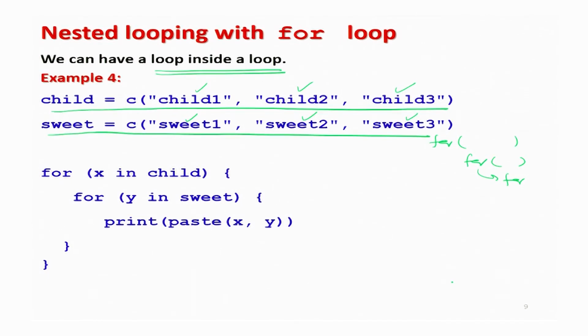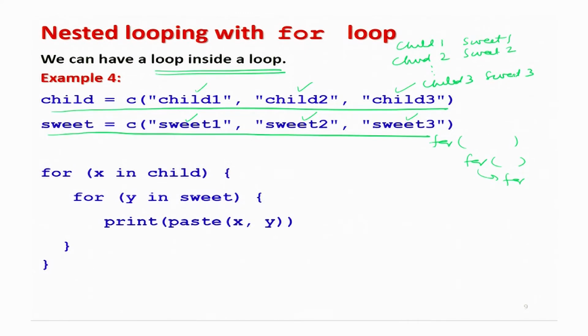So what I try to do here is like this. Suppose I want to print child 1 and sweet 1, child 2 with sweet 1, 2, and up to child 3 and sweet 3 like this.